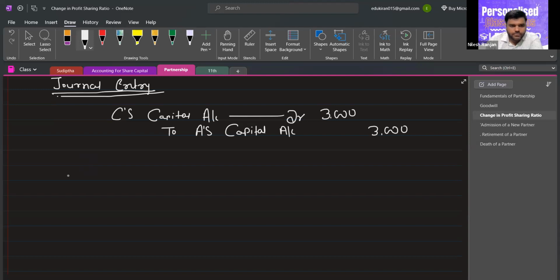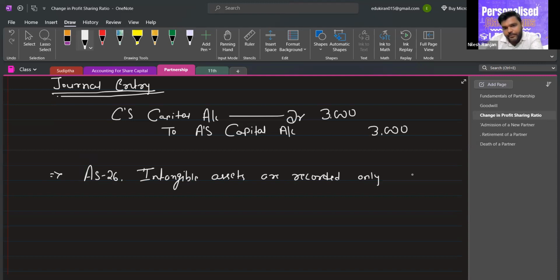No, sir. Actually, as per AS 26, intangible assets are recorded only if the value can be calculated reliably.